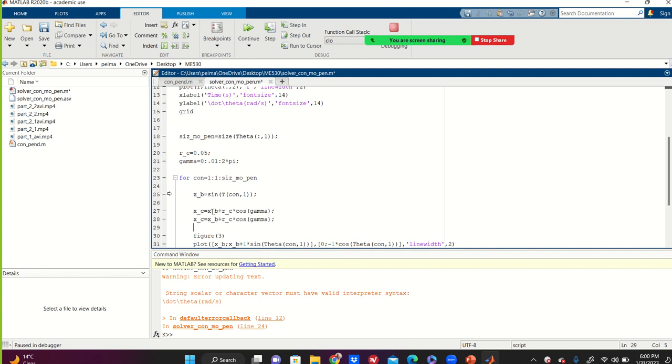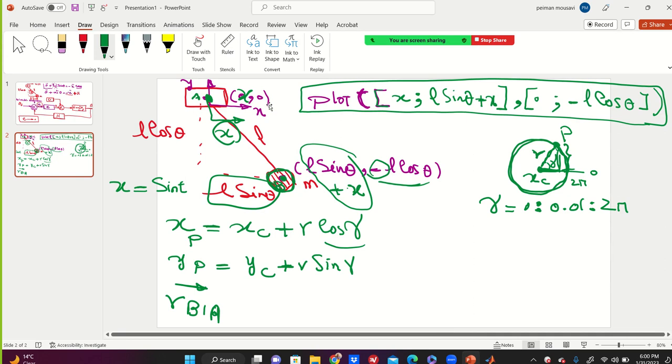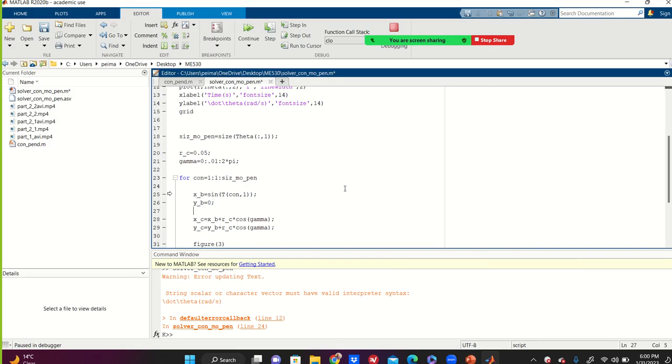Now, the Y of C is gonna be Y of B. What is Y of B? Y of the base? 0. Right, guys? Look at here. Because it's only moving on this side, it never moves, so Y of B is 0. Understand, everyone? Yes? So it's Y of B plus RC sine gamma.